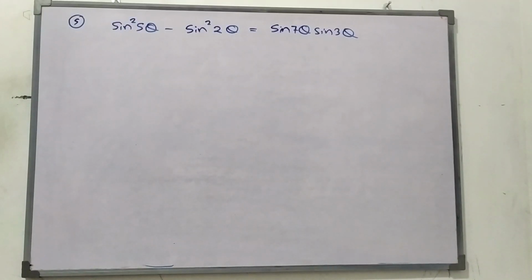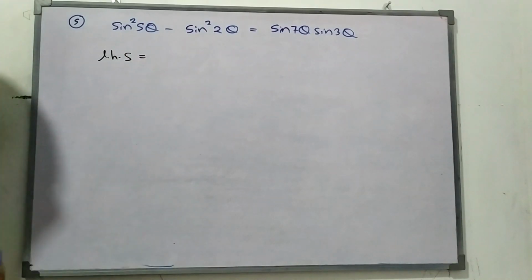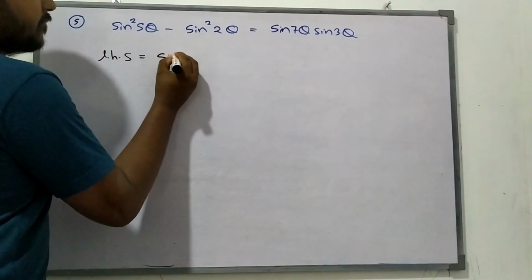Okay children, this is my next example. Sin squared 5 theta minus sin squared 2 theta equal to sin 7 theta sin 3 theta. So how can we start it? So again I am starting from left hand side. Sin squared 5 theta, sin squared 2 theta, this is difference between two squares.